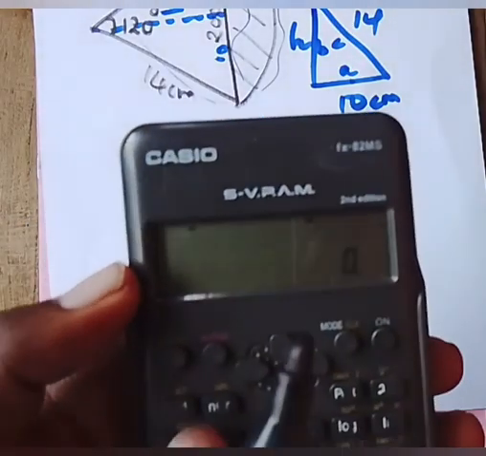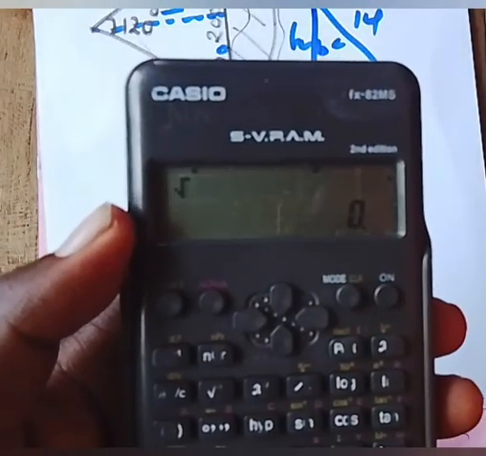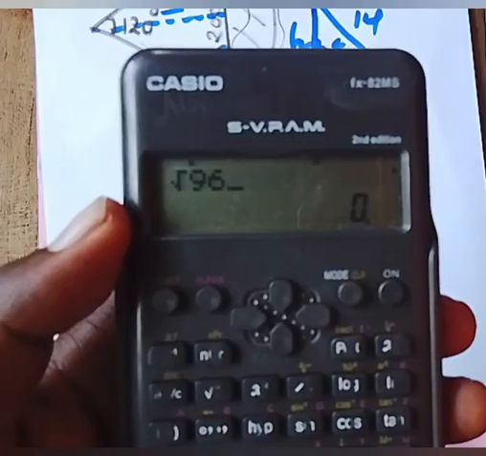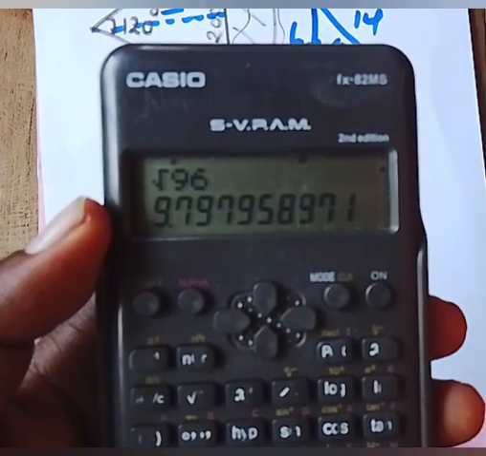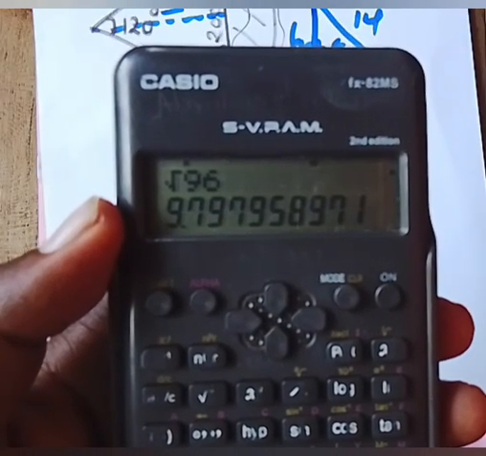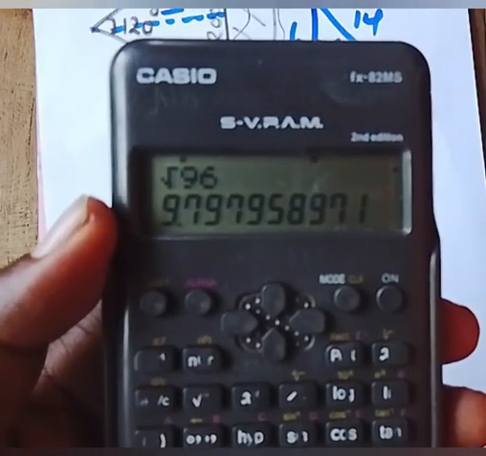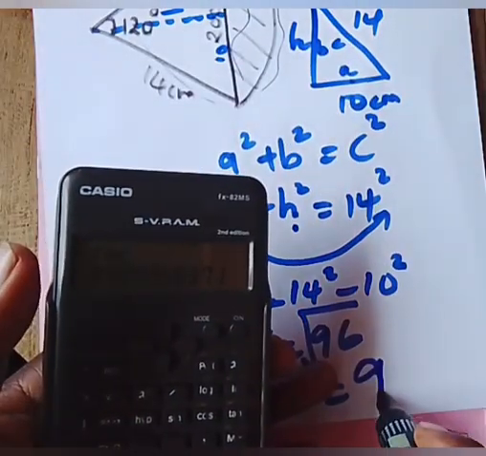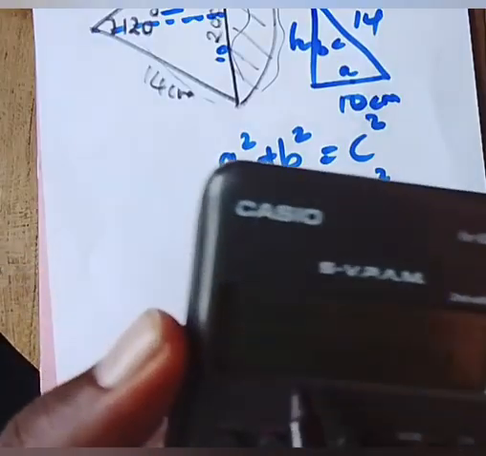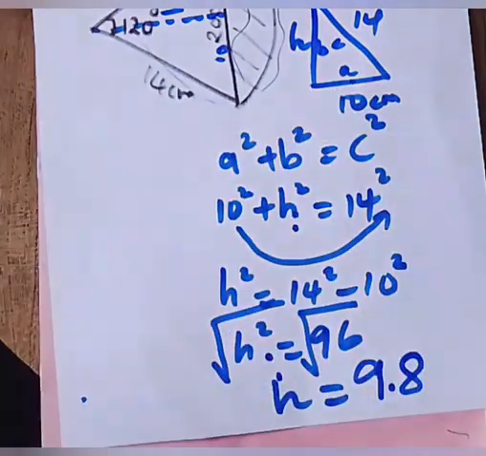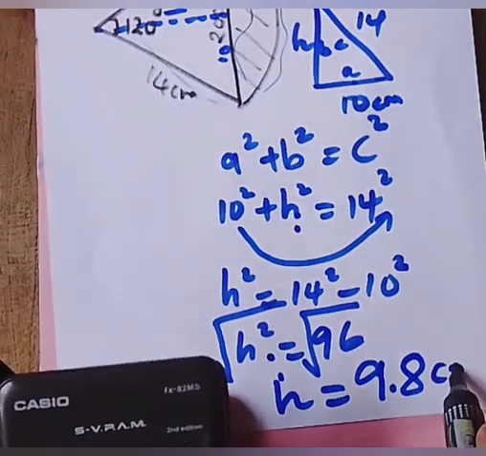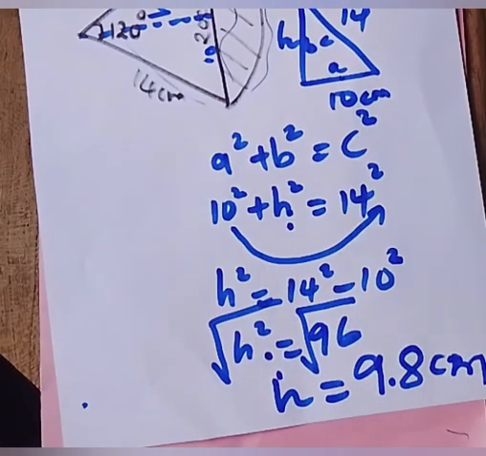The square root of 96, and you get 9.797. Round off to one decimal place, you get 9.8 centimeters.